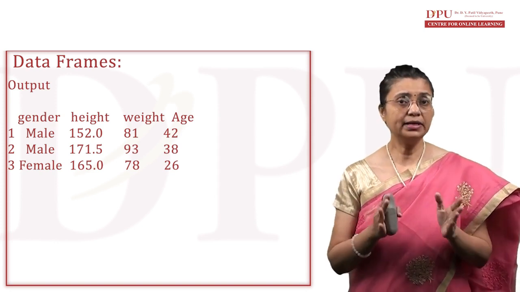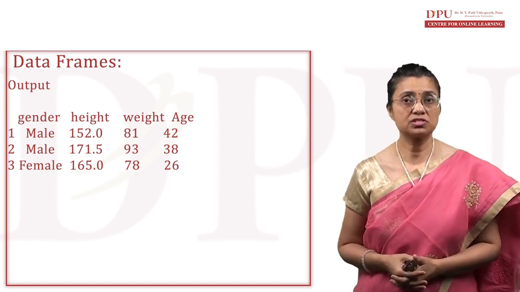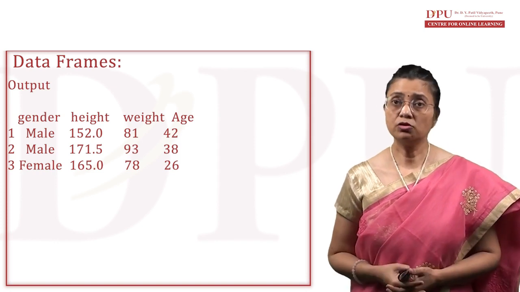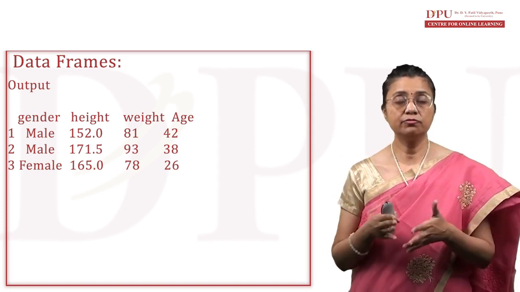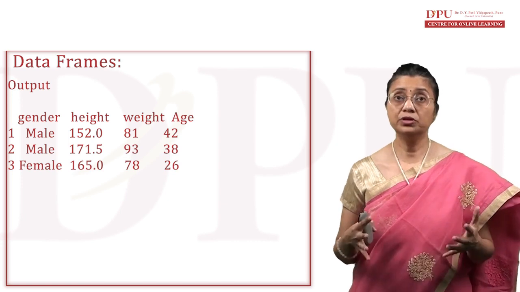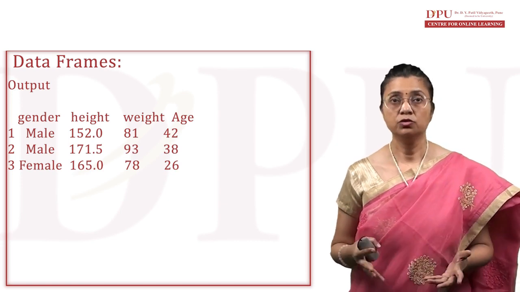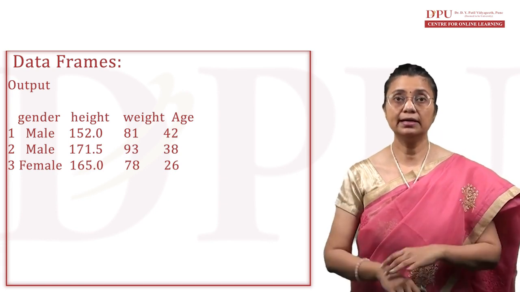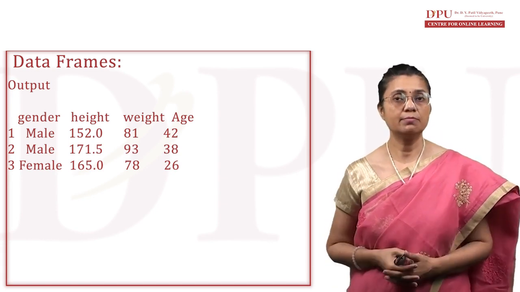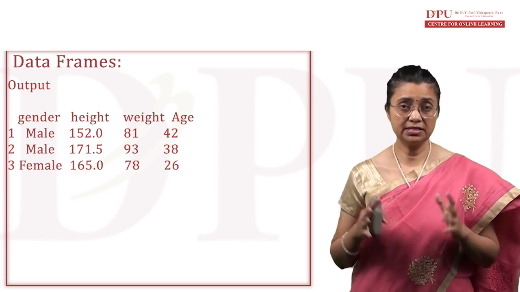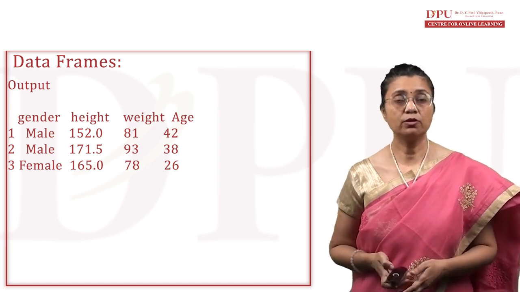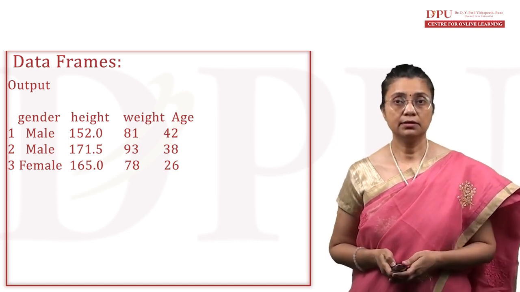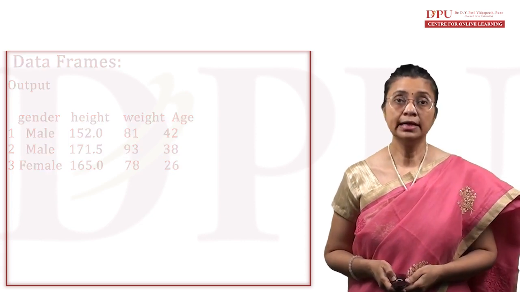So the moment I print BMI, I get the output which is coming on the screen. And so easily I have created the complete information in the form of a database with the help of a data frame object. You can see it is stored in a variable BMI, and when I have to print the entire grid, I'm just printing BMI and the entire data which I've created is displayed on the screen in the form of rows and columns.